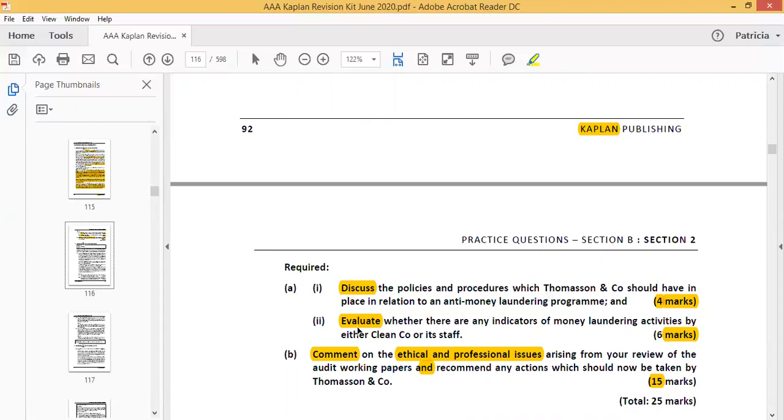So we're going to move down to the second part, which involves evaluating whether there are any indicators of money laundering activities. As I said in the first point, this too is a straightforward question, but we should be very careful on how we put down that question, because it talks about evaluating. So in this, you can talk a bit about money laundering.